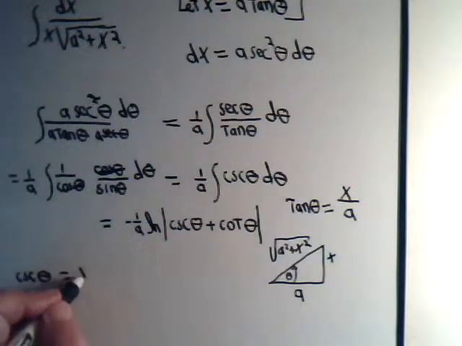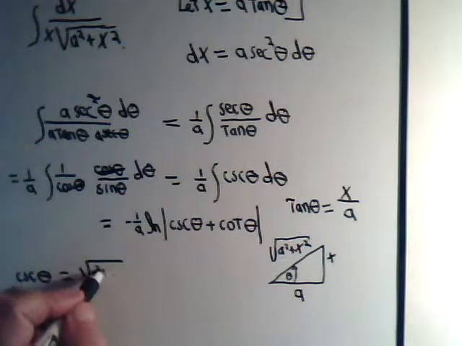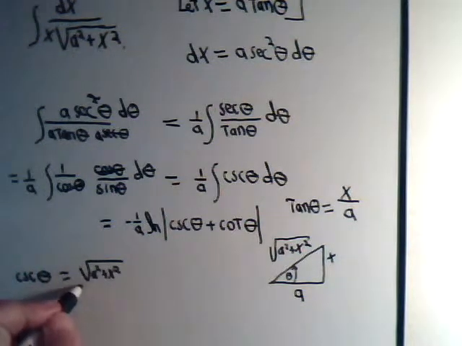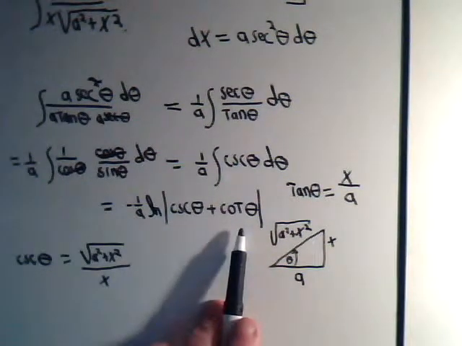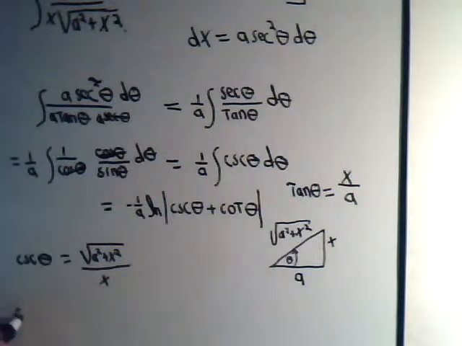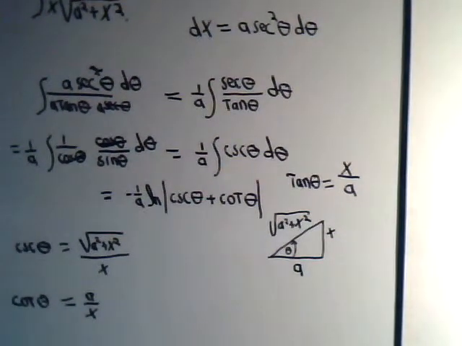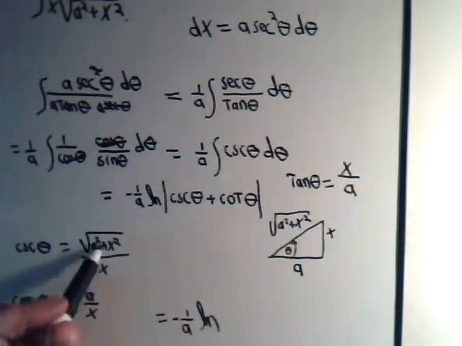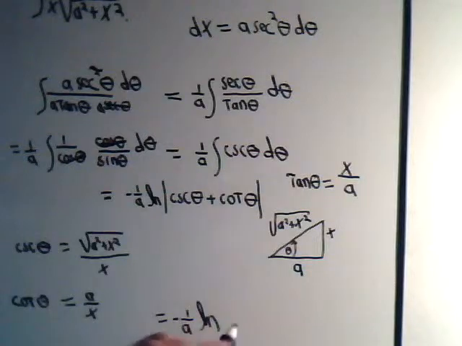The cosecant of theta is going to be the hypotenuse divided by the side opposite. And the cotangent of theta, the tangent of theta is this, the cotangent of theta is going to be a over x. And here's our expression here, so this will become minus 1 over a, the natural log of this plus this over a common denominator.